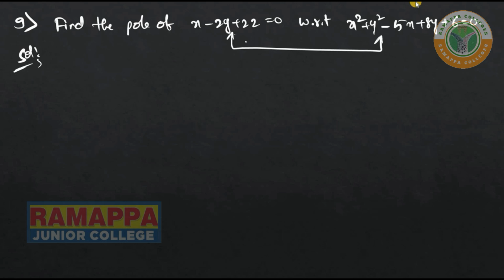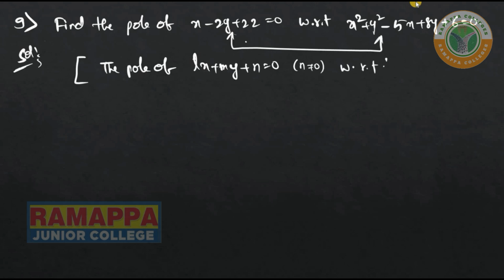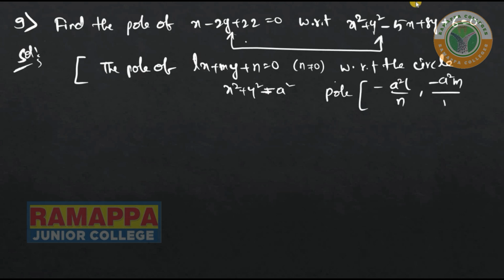So the formula is, I will write here: the pole of Lx plus My plus n is equal to 0, where n is not equal to 0, with respect to the circle x square plus y square is equal to a square, no. So for this one we'll get the pole is minus a square L divided by n and minus a square m divided by n. So this is the formula that we'll get with this one.